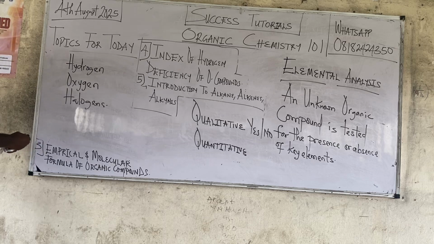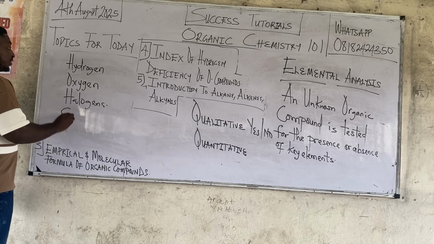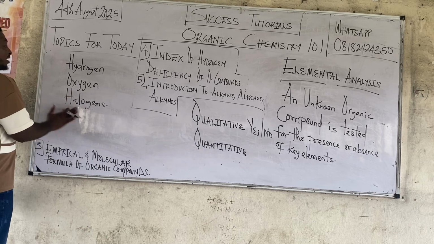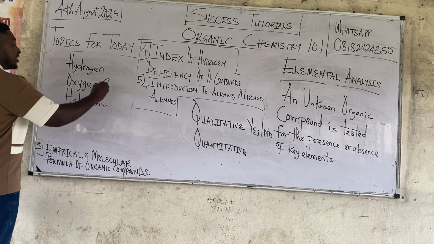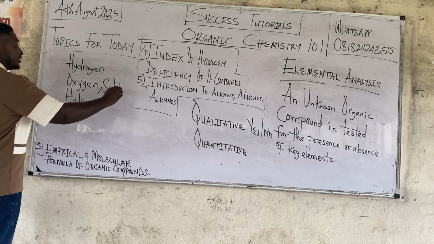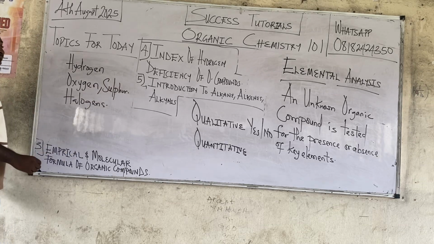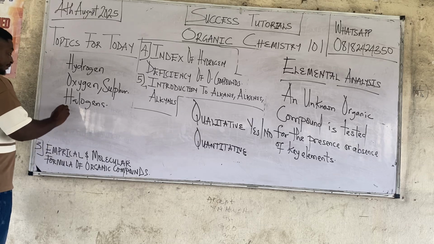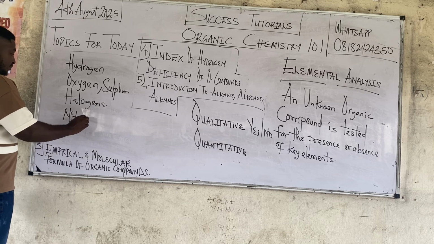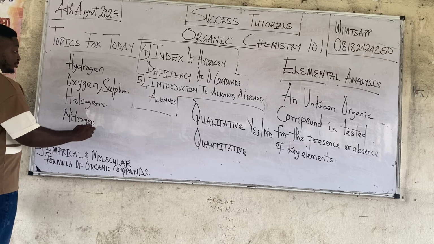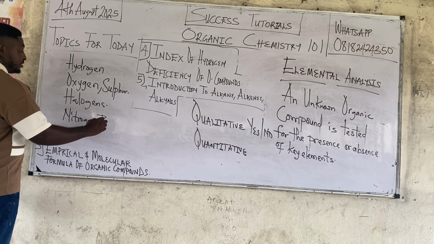Oxygen is a chalcogen, but let's say oxygen, sulfur. Then we also have the group 5 elements, which is the nitrogen family, nitrogen and the rest of them.